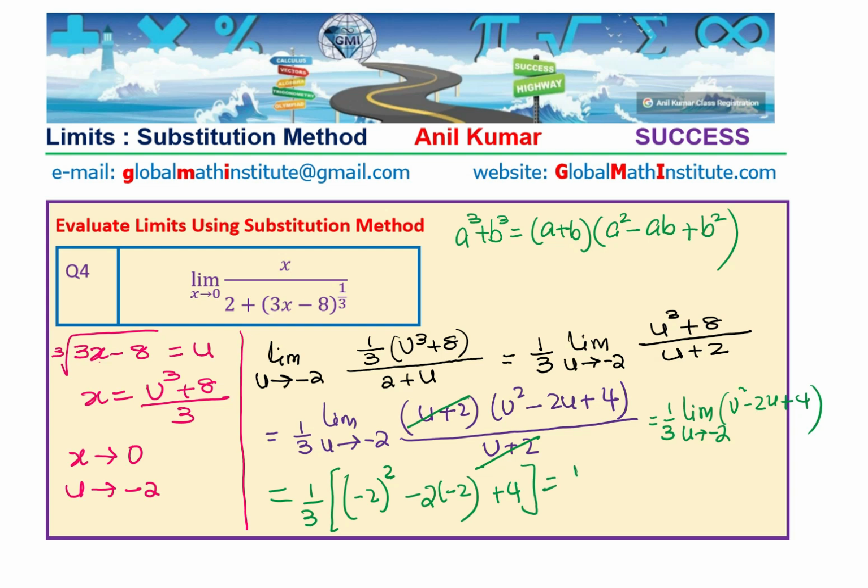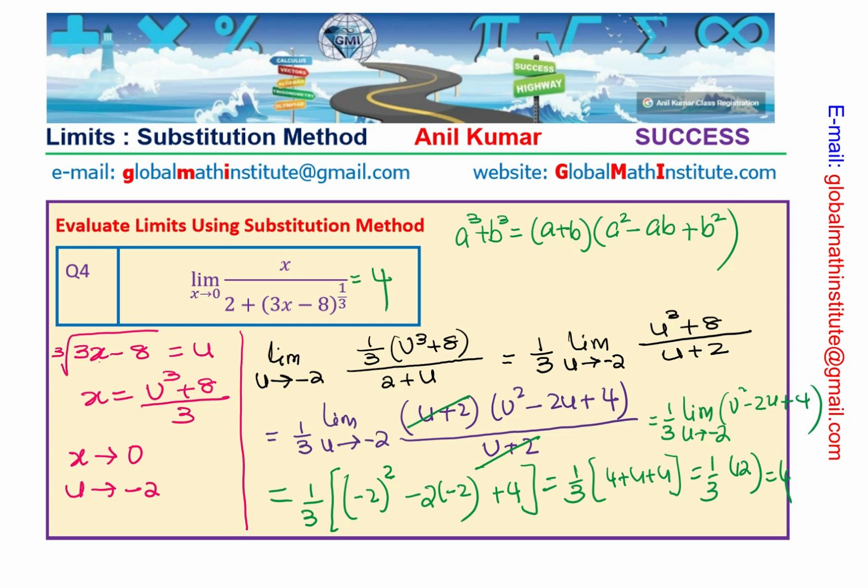And that gives you 1 over 3 times 4 plus 4 plus 4, and that is 1/3 of 12, which is 4. So we get this limit as equal to 4. Makes sense? So the limit of this function x over 2 plus the cube root of 3x minus 8 when x approaches 0 should be 4.